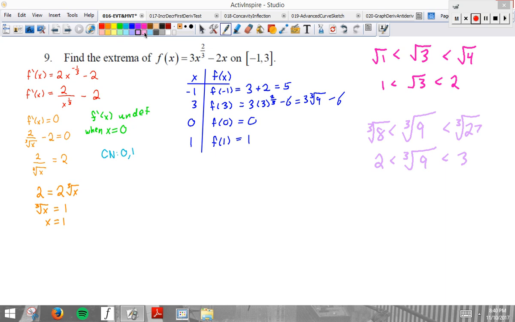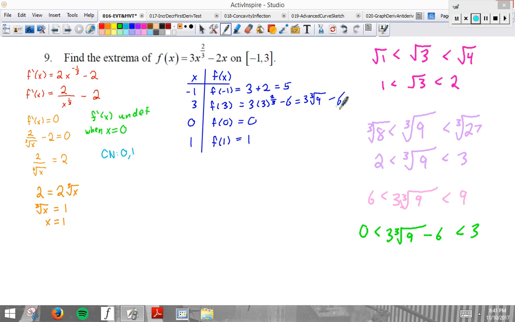Some people are able to solve this problem based on that. But now we're going to multiply everything by 3, because the cube root of 9 was multiplied by 3. So if we force a 3 in the middle here, I should have a 9, and I should have a 6. And then if we subtract everyone by 6, that's 6 outside, we find that this number is some number between 0 and 6.